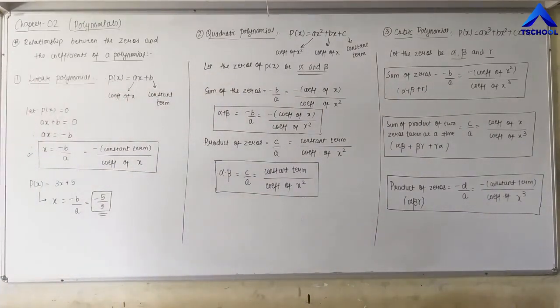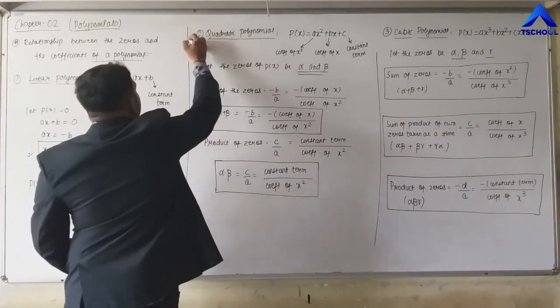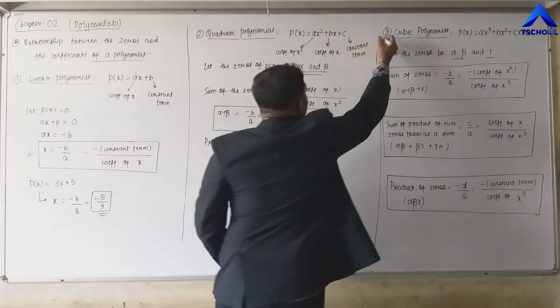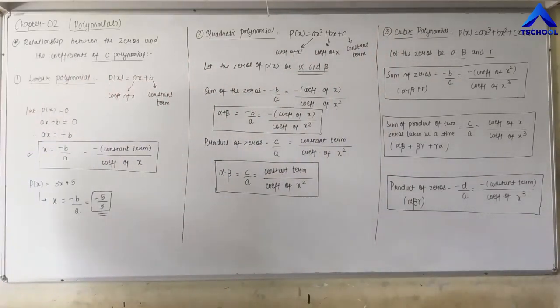Clear? So that is basically the relationship between the zeros of a polynomial and the coefficients of a polynomial. Right? So you quickly look over it and get it cleared right now.